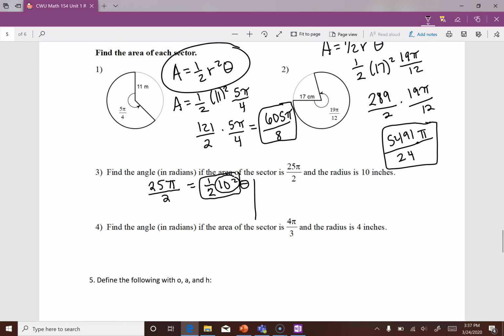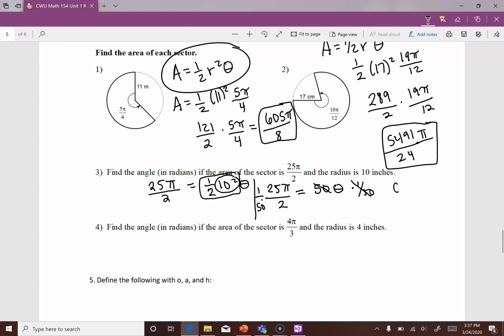So I'm left with 25 pi over 2 equals 50 theta. Okay, next thing I'm going to do is divide by 50, or you can think about it as multiplying by 1/50th. So I'm multiplying by 1/50th right here, and these are going to cancel.